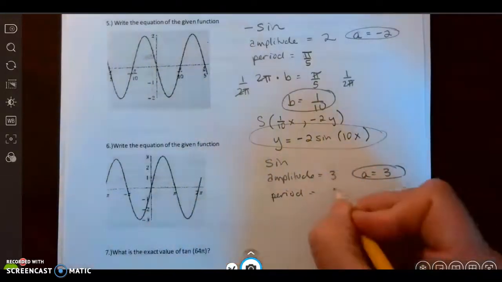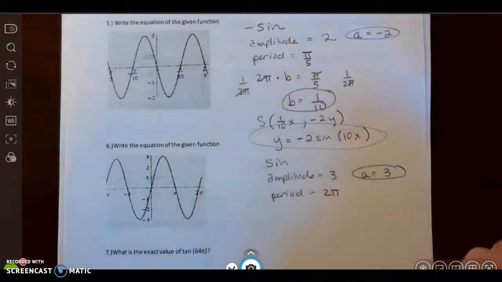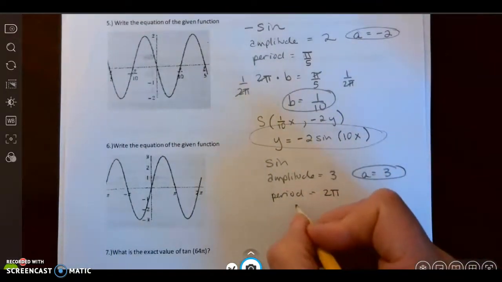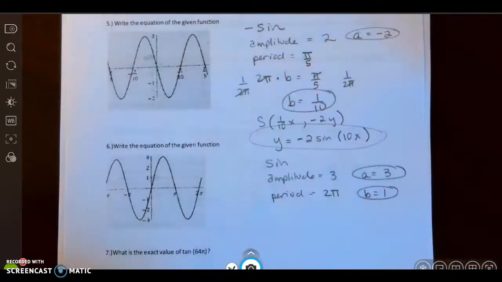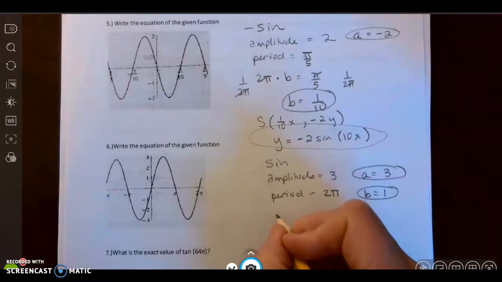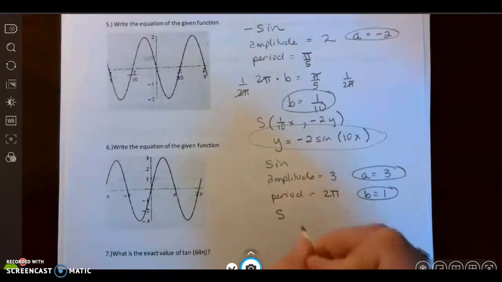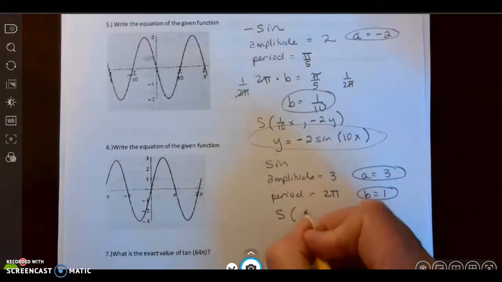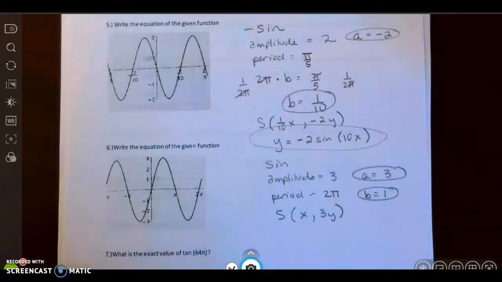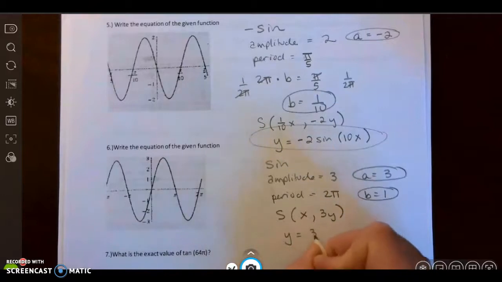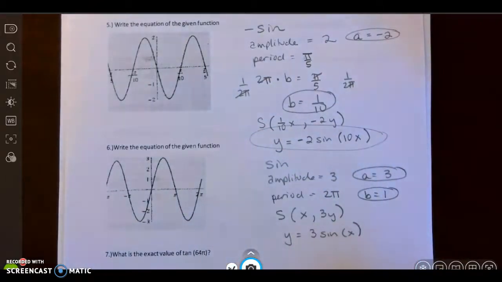My period is 2 pi, which means there was no scale change, so B is simply 1. And I can now write that my scale change is just simply x and 3y. So I get y equals 3 times the sine of x.